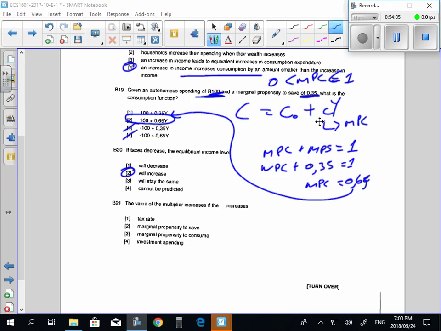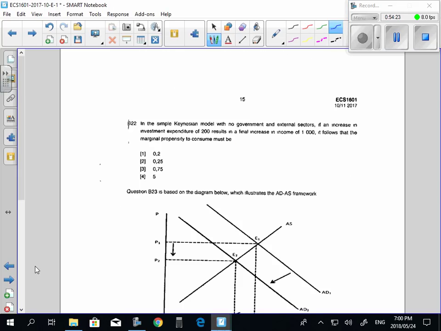The value of the multiplier increases if the marginal propensity to consume increases. Right. Question 22. There's an error in the paper. Your MPC should be 0.2. Sorry, 0.8.